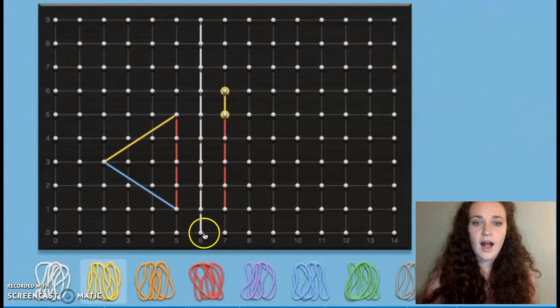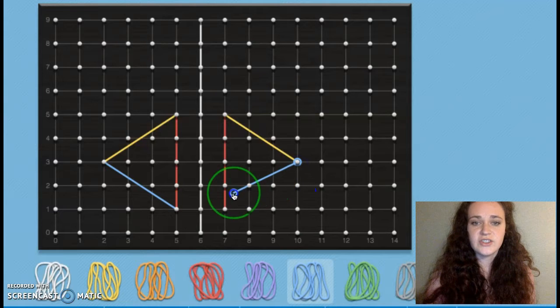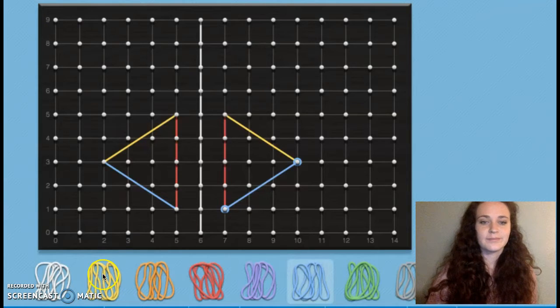So therefore, up +3 over -4. Now to get that last side here, all we're going to do is connect it to the vertex we've already found, and then to that last one here. And that is how you get a reflected congruent figure through a line of reflection.